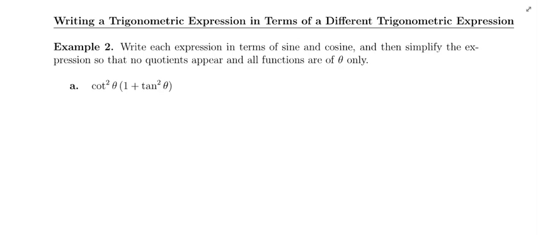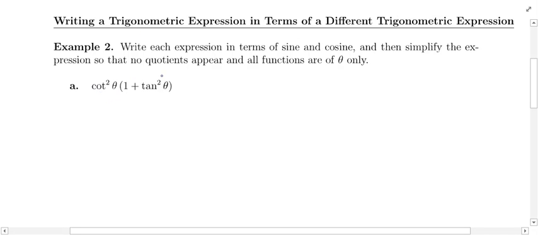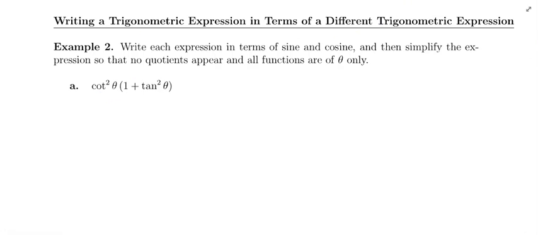Let's look at part A. You can see the kind of expression we're going to be dealing with. Part A is cotangent squared theta times 1 plus tangent squared theta. There's no equal sign, which makes this just an expression. So essentially, we're going to be turning this into an equivalent trigonometric expression, something that's equal to it, but doesn't look exactly the same.